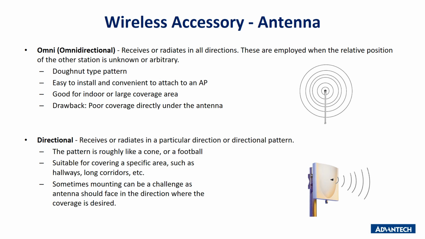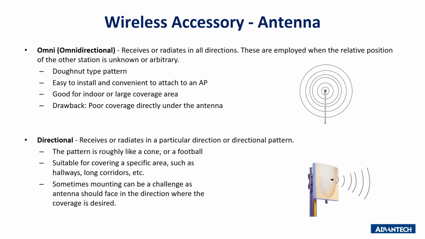The omnidirectional antenna, such as in this picture, doesn't have direction limitations. It allows wireless communication in multiple directions. But it is easy to interfere. Normally, we need to consider the metal and material of the wall, which will interfere with wireless a lot, especially for an omnidirectional antenna, because we cannot control the signal direction.